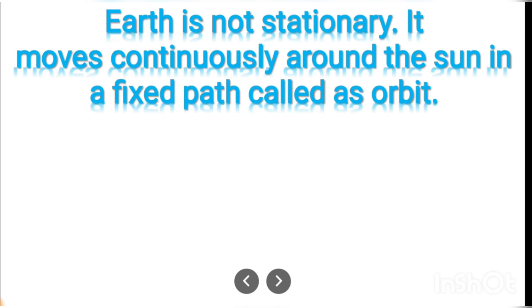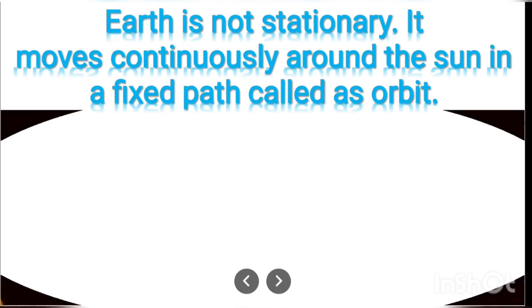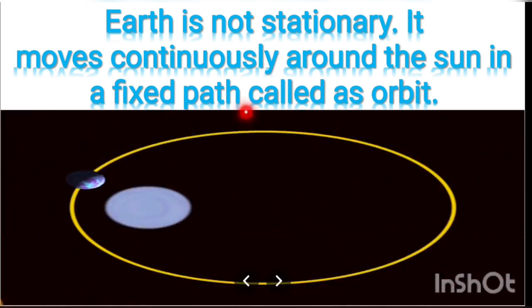It moves continuously around the sun in a fixed path called orbit. So earth is moving in its orbit, which is known as the fixed path. So here is the fixed path. Can you see? The earth is moving continuously around the sun along the fixed path. This fixed path is known as the orbit.